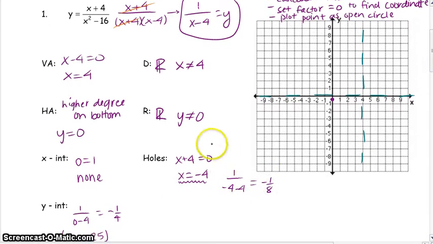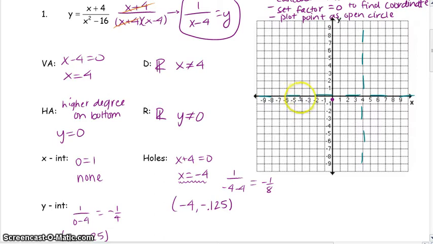So this tells us our hole is at the point negative 4, that's our x, and our y is negative 1 over 8, which is negative 0.125. So right on our graph, we could plot this. So negative 4, negative 0.125, and that is an open circle.